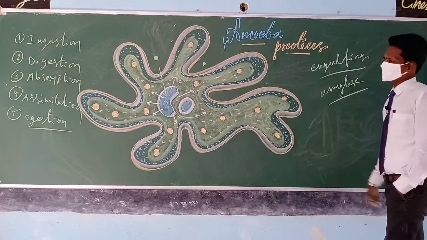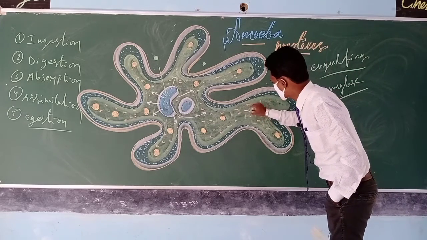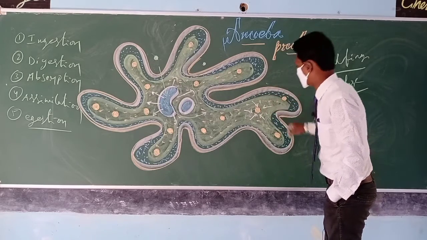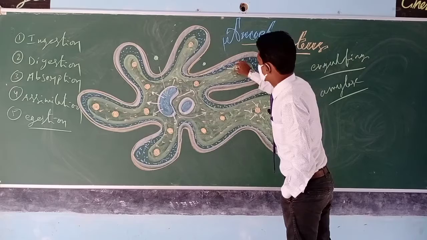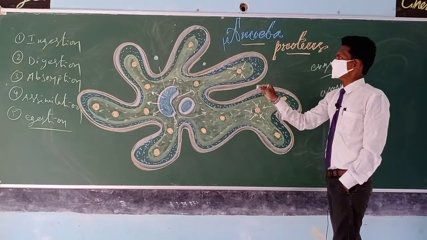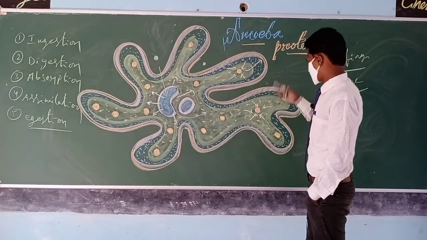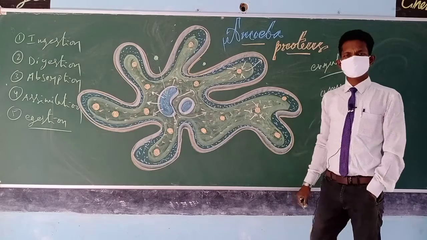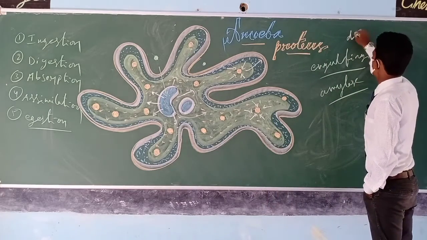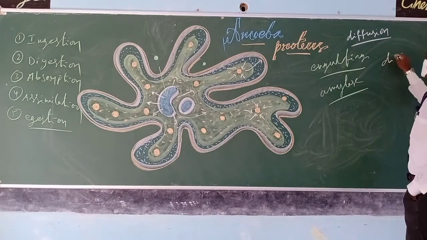After assimilation, whatever particles are undigested are collected by a special vacuole, that is called the contractile vacuole. After collecting the waste, the contractile vacuole approaches the surface of the cell membrane in the ectoplasm and bursts, and by diffusion the wastes are diffused out.